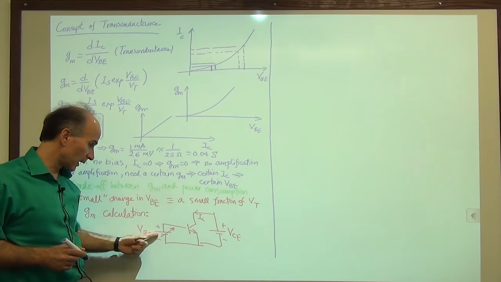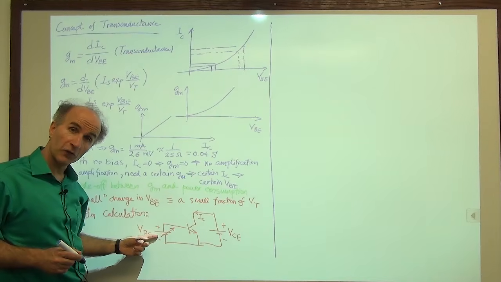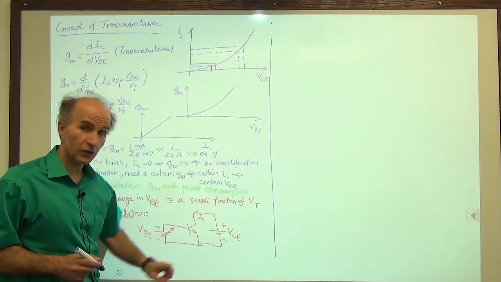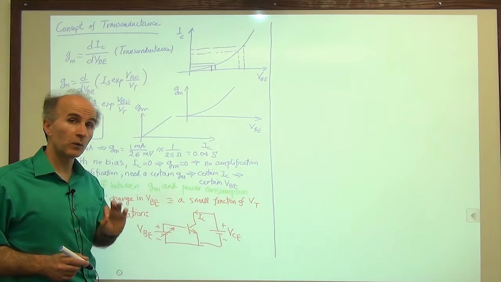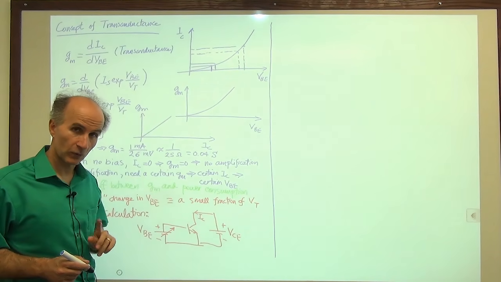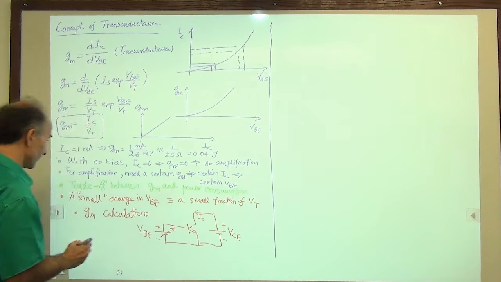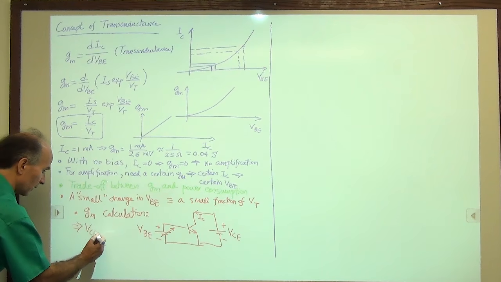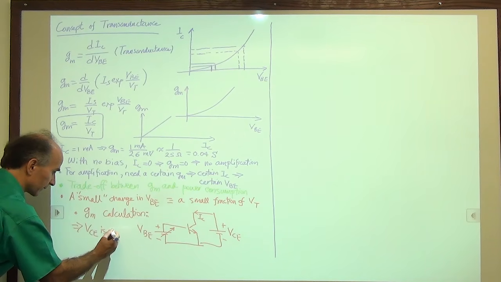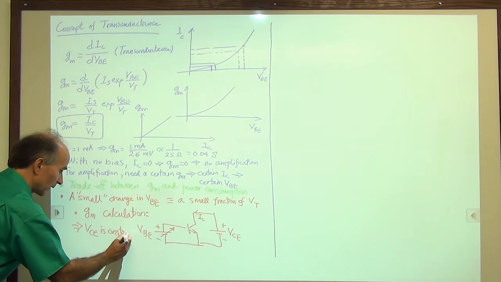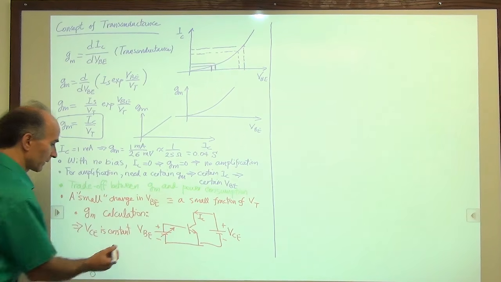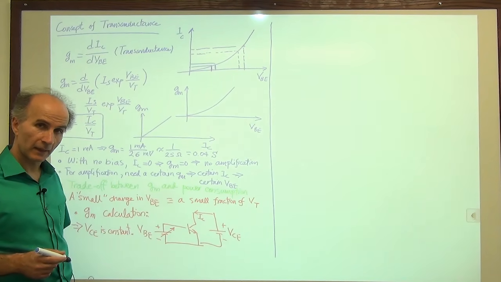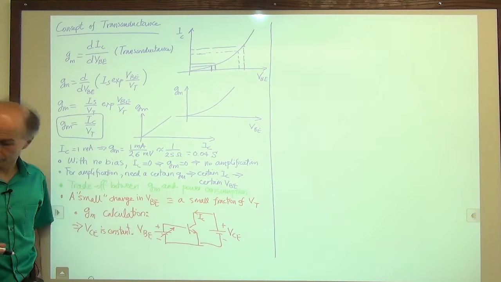So what you see in this measurement of GM is that the collector emitter voltage is constant when we are measuring GM. So that's something important to remember. So that means VCE is constant. So during GM measurement, the collector emitter voltage has to be constant. That's a very important point.